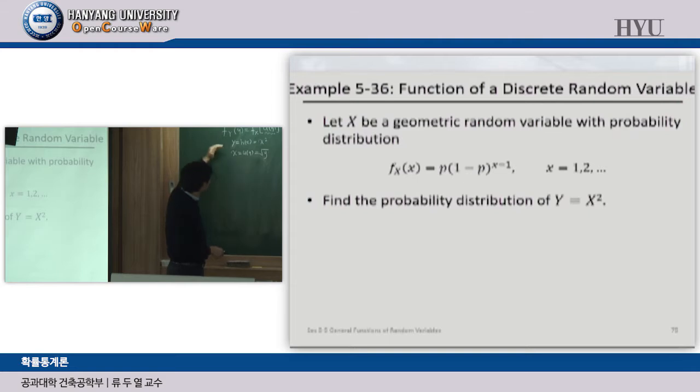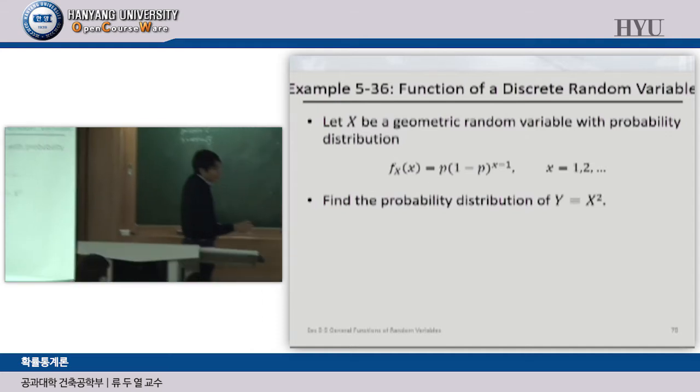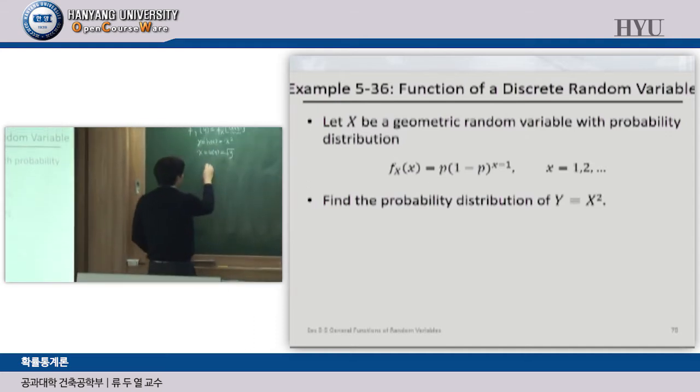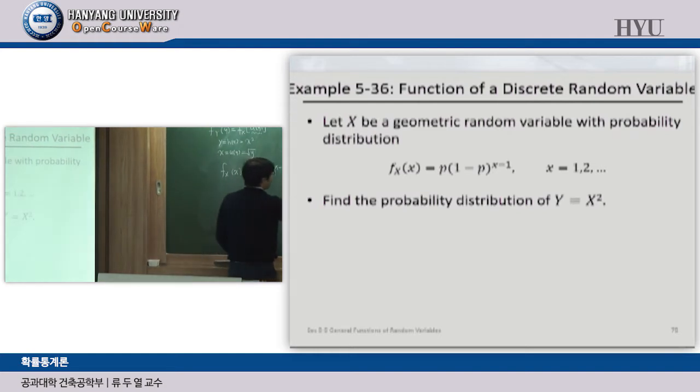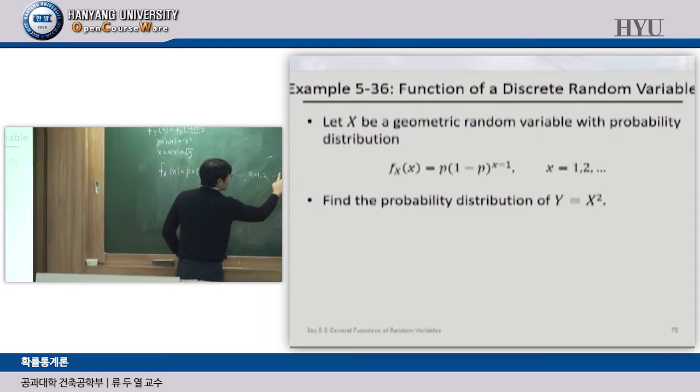This can be defined because these two random variables have a one-to-one transformation relationship. So, for this case, we know the probability mass function of x here. f(x) is equal to p times (1 minus p) to the x minus 1, when x is from 1 to infinity.